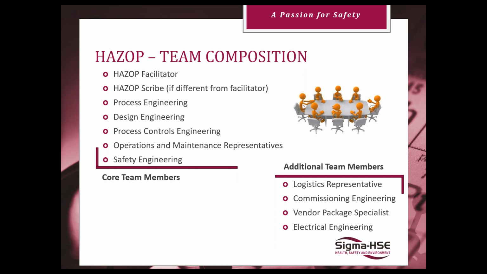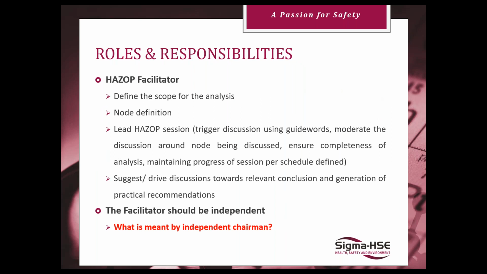If you're getting a skidded system for air compression or nitrogen generation, and you're kind of factoring that into your overall plant design, you want a representative from that manufacturer to be able to talk to the safeguards and the features built into the equipment that they're selling you as turnkey. And then electrical engineering, if you have questions about wiring or area classification, you want to make sure you have someone with the electrical engineering background to answer those questions.